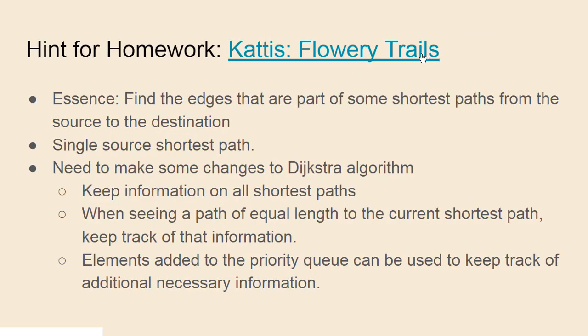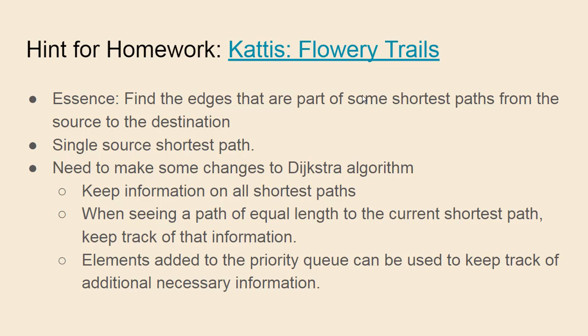Okay, so finally some hints for the problems in this week's problem set. For Flowery Trails, the problem essentially asks you to find the edges that are part of some shortest path from the source to the destination. There may be multiple paths that have the same distance, so you want to keep track of all of those paths. So this is a single source shortest path, but you need to compute more than the distance, also the edges that are used.